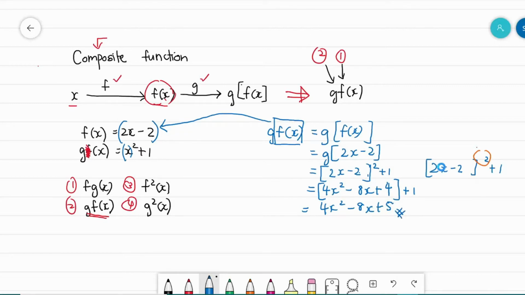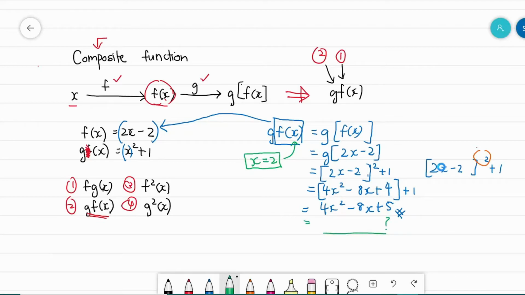You should also know how to verify the answer by using the calculator. So how to do it? First, I have to explain the concept. For example, if you substitute x equals 2 into the function, eventually you will get a certain value.